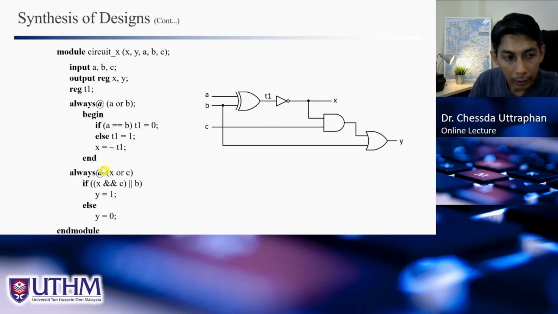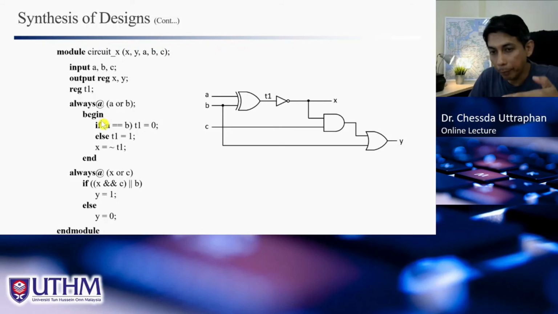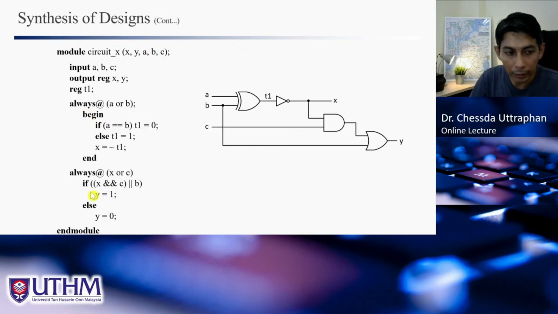So you need begin and end to tell the compiler that the always block will include this one and this one. But if in your always block you only have one statement, the line after the always block is always inside the always block. But if you have many lines after the always block, you need to specify where your always block starts and ends. In this case, you have only one statement.